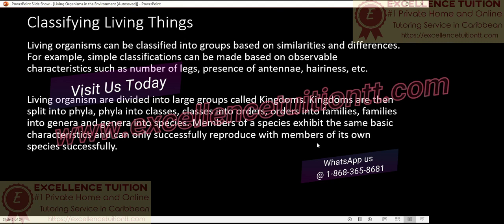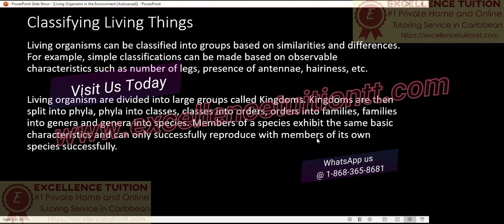That's complicated. But you do need to remember the kingdoms and the species, right? Members of a species exhibit the same basic characteristics and can successfully reproduce with members of their own species.